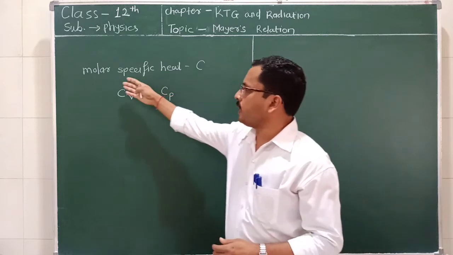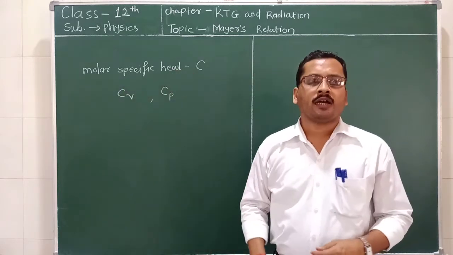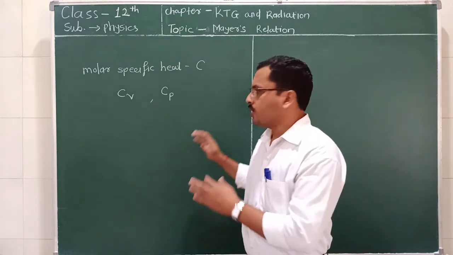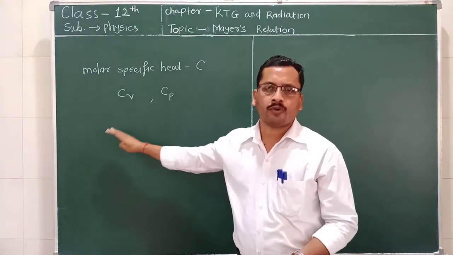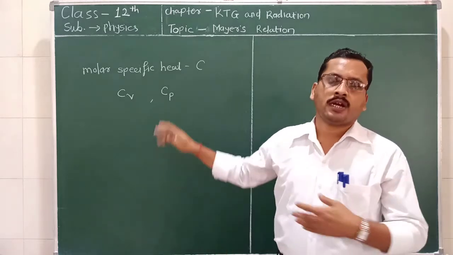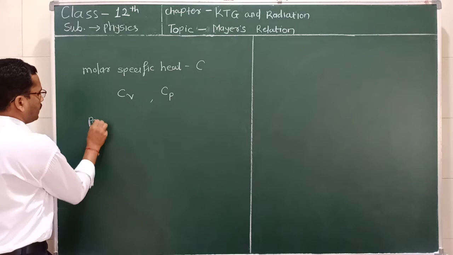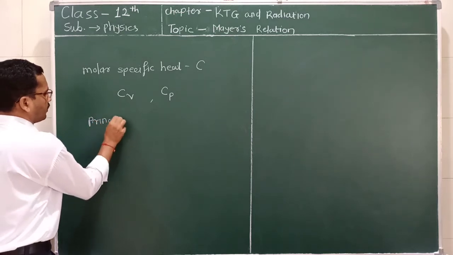As there are two types of molar specific heat, principal specific heat is also divided into two parts: at constant volume and at constant pressure.